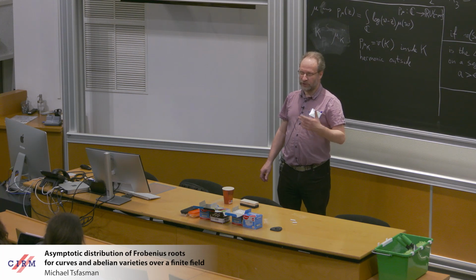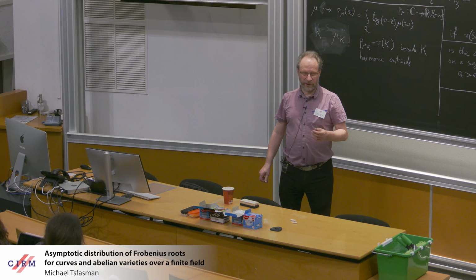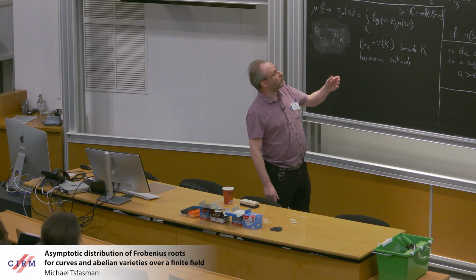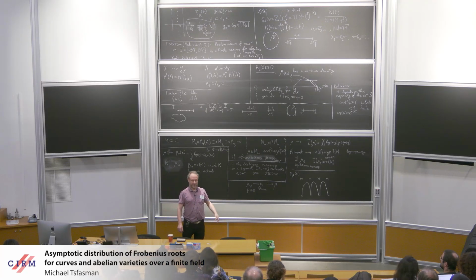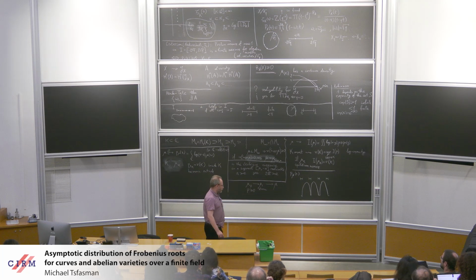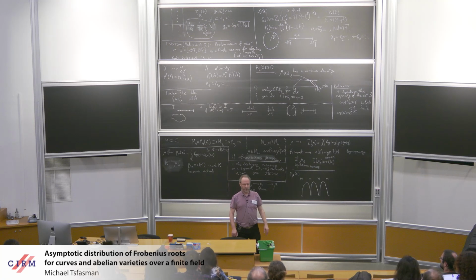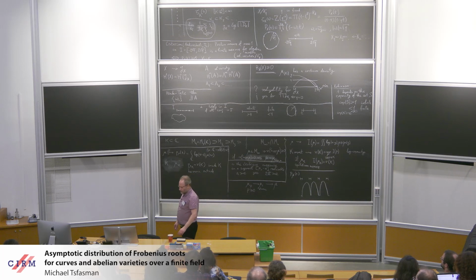And the answer is no. If you take those measures with continuous densities that are in the middle, then the potential is also always positive, and so these new results about abelian varieties do not give any new information about the curves.